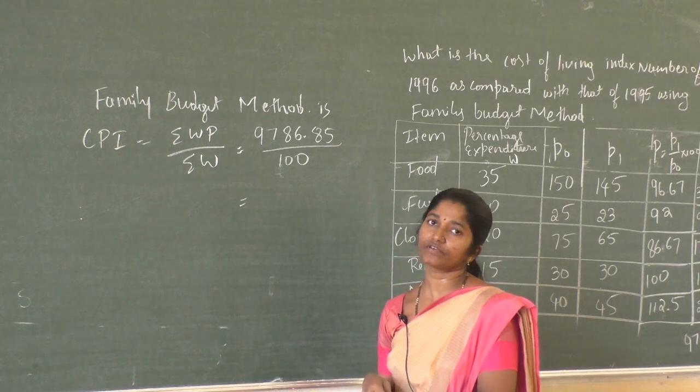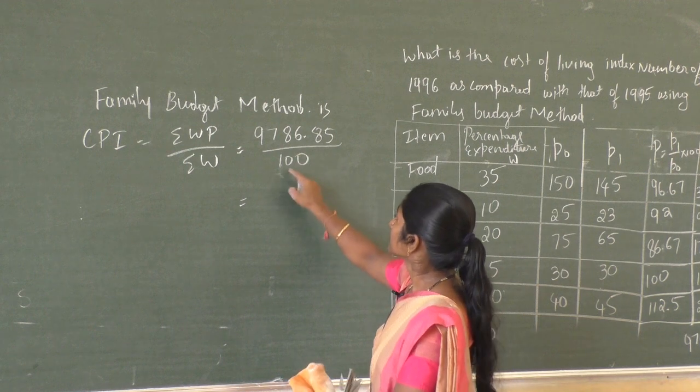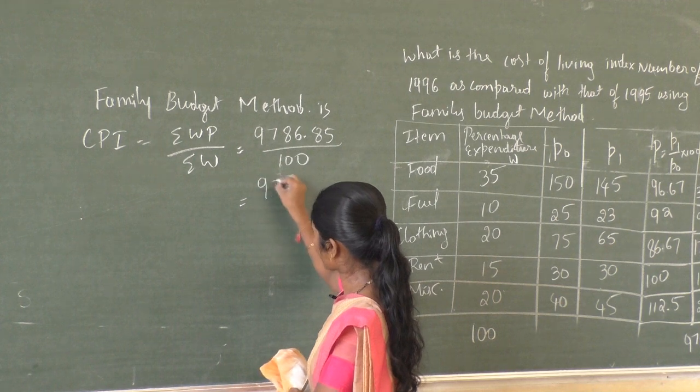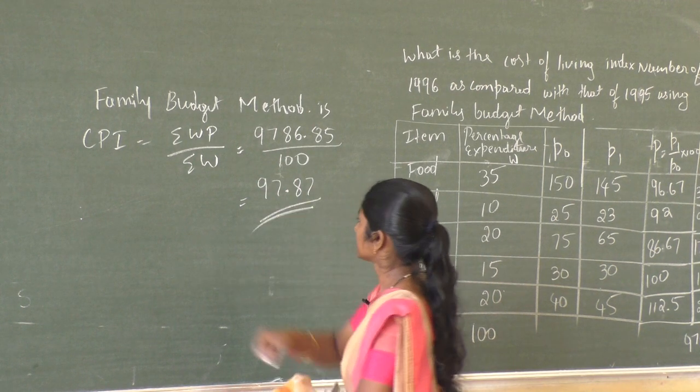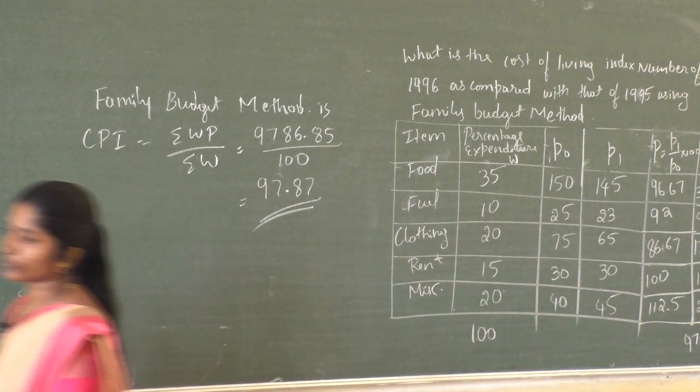Percentage expenditure is given, therefore the total is 100. After dividing by 100, you will get the answer 97.87. So this is the answer, 97.87. Next, fifth problem.